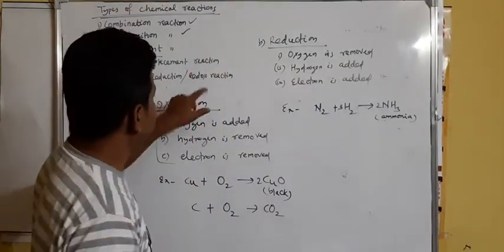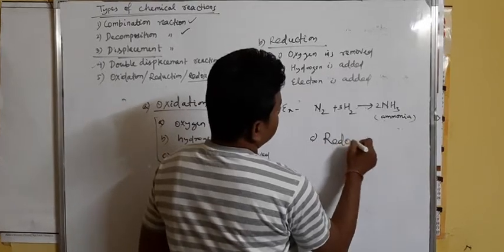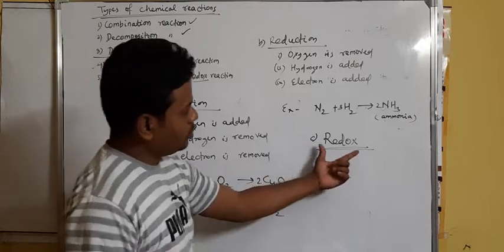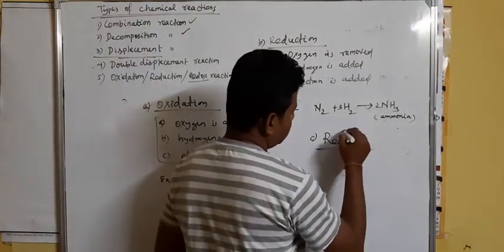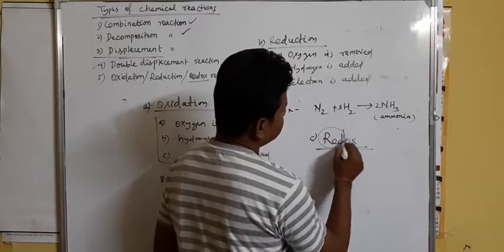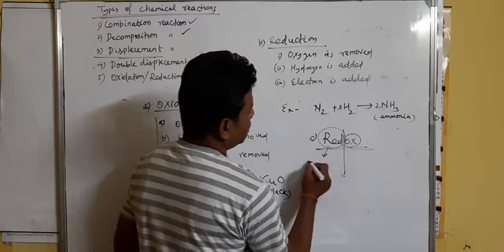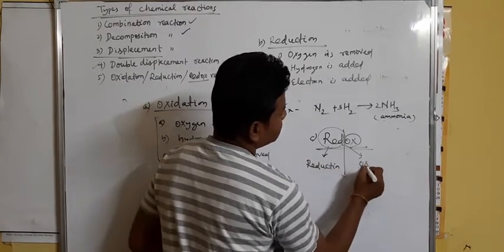And the last one is the redox reaction. You see, the word redox consists of two parts. If you divide it, it becomes red and ox: red for reduction and ox for oxidation.